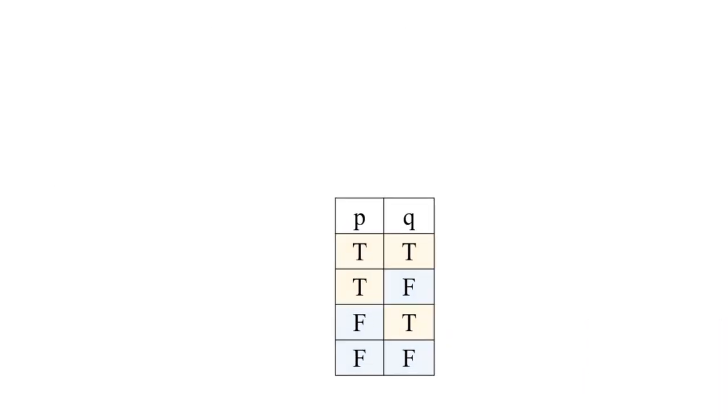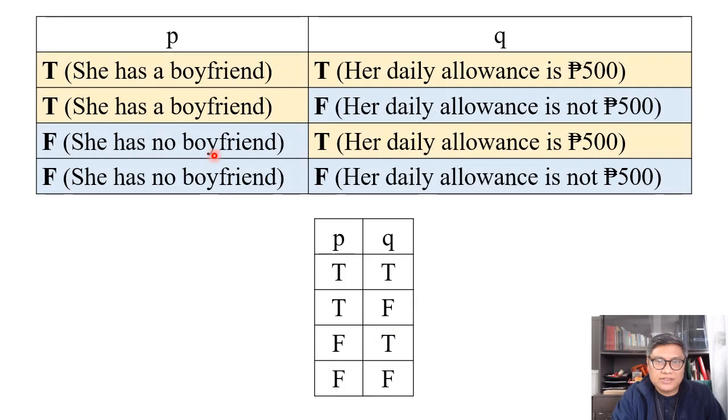Now, this is how we usually put together, class, just to guide us. So true, true, false, false. So remember that one is the negation of the other. So if this is she has a boyfriend as the original statement, then true, true, false, false. So she has a boyfriend, she has a boyfriend, then both are false.